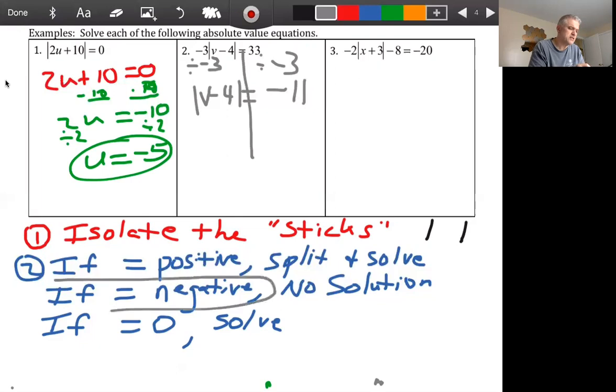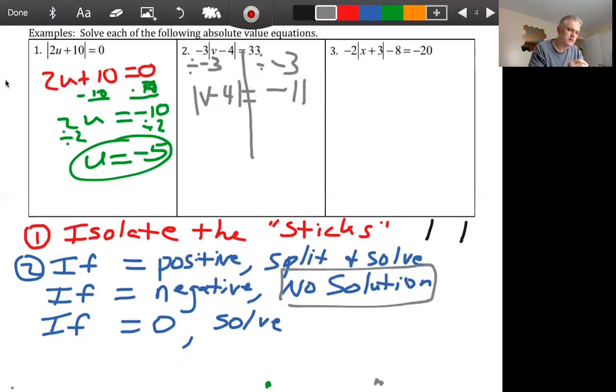If it says equals a negative number, we know the absolute value can never, ever equal a negative number. So when it says the absolute value of v minus 4, the absolute value of who cares? Doesn't matter. If it says absolute value of anything equals negative anything, then we immediately say that is no solution.